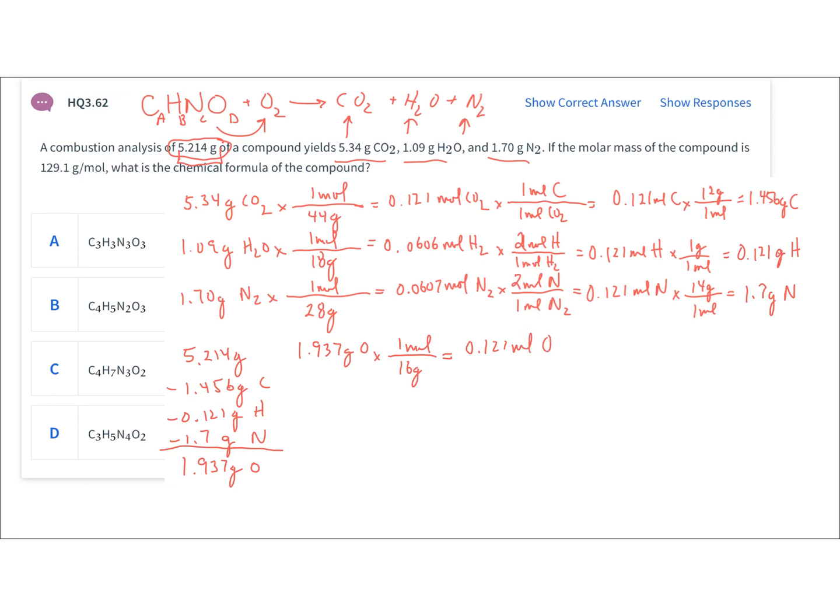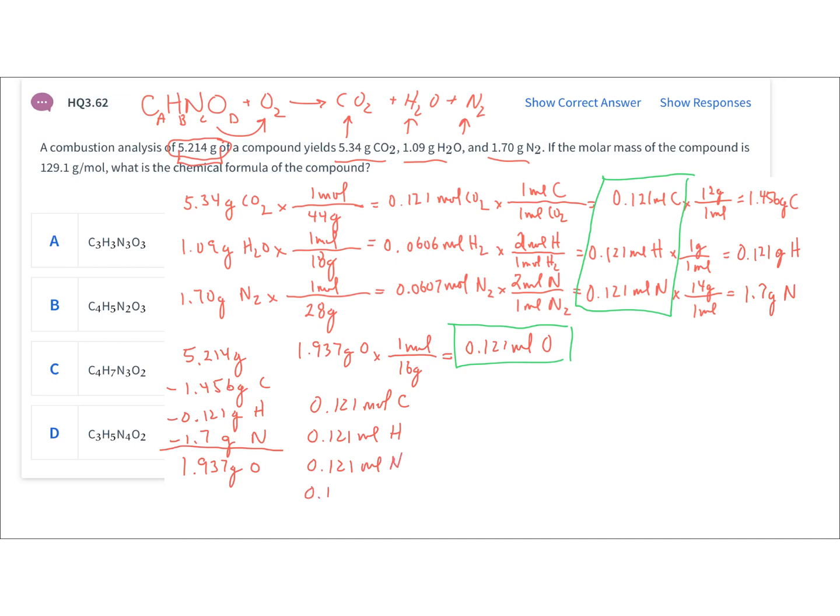Now, this is an unusual case in that all of the moles are equal, and it kind of makes finding the mole ratio pretty easy, in that our moles of carbon, hydrogen, nitrogen, and oxygen are all 0.121. So with 0.121 moles of carbon, 0.121 moles of hydrogen, and 0.121 moles of oxygen, I can still work through the steps, that's always good practice.